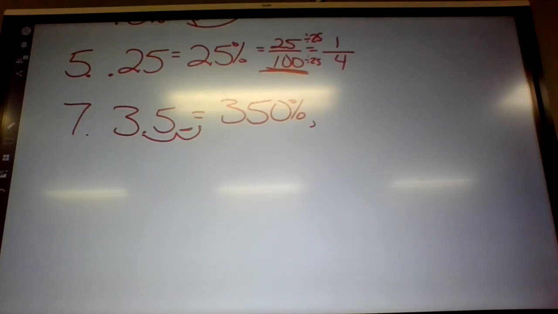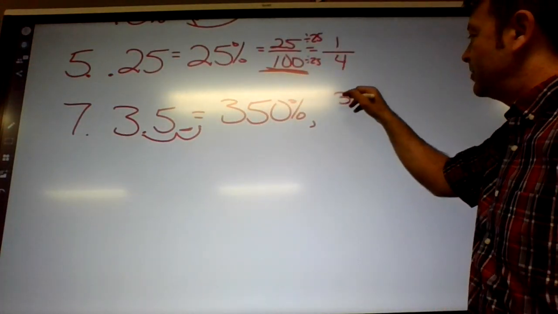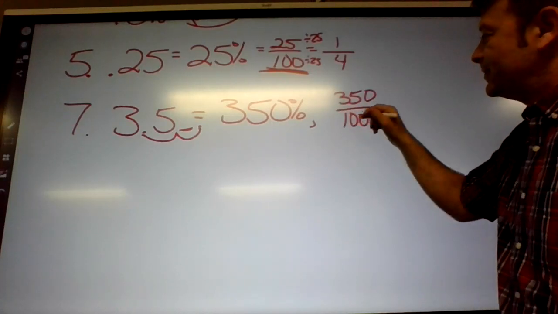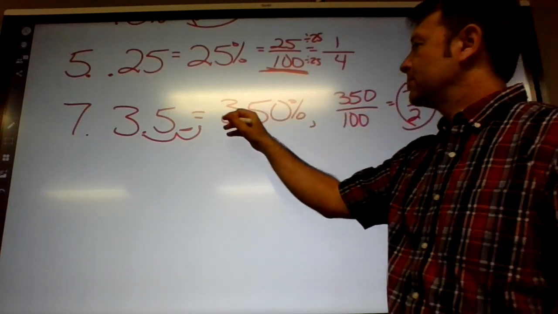And what's that as a fraction? Okay, yeah, it starts out as 350 over 100, but it does reduce because 50 goes into both of those, to 7 over 2.